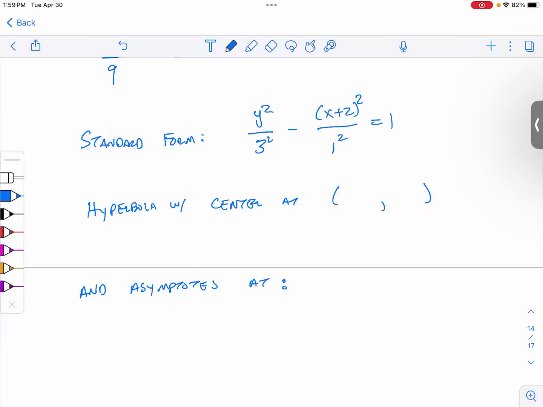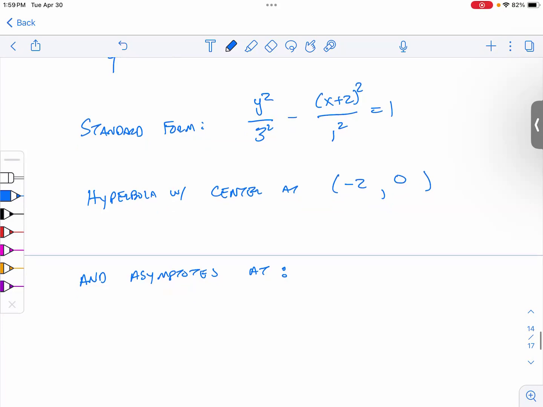So this one is 0 for the y value, and the x value is -2, comma 0. And just watch out, notice that the x and y are written backwards, so just make sure that it's still x comma y, even though it's written backwards.